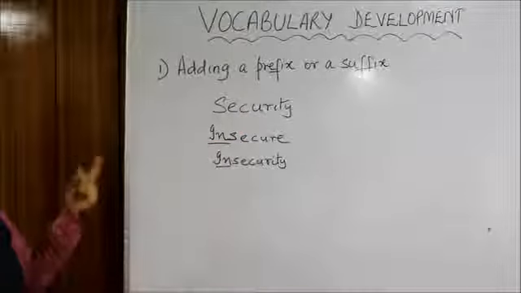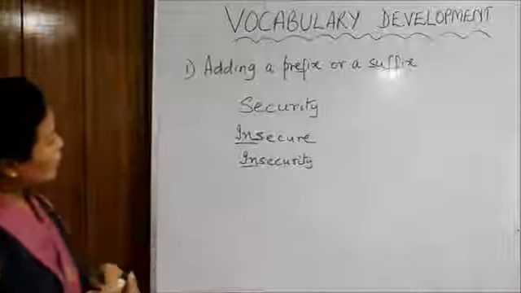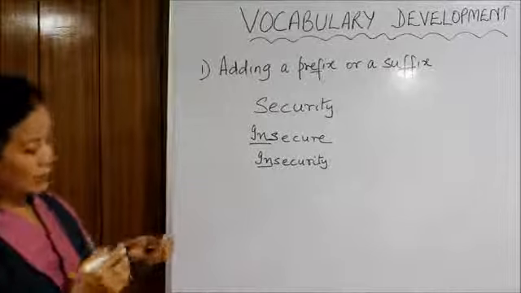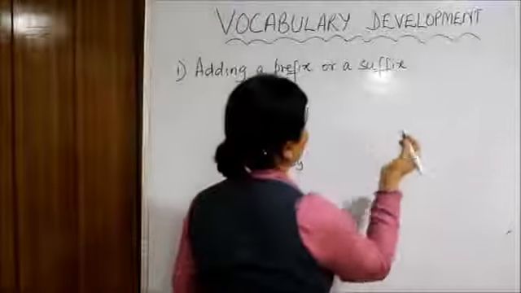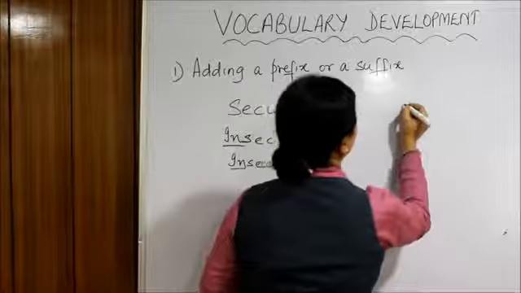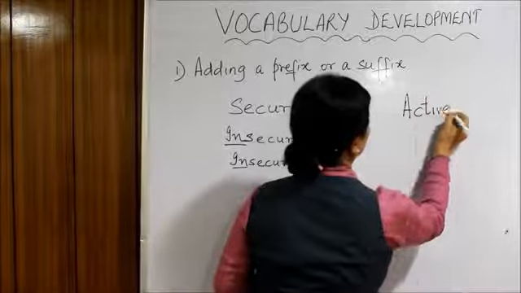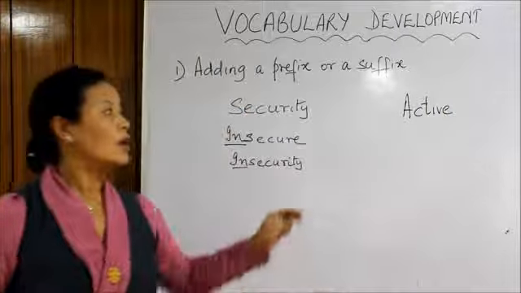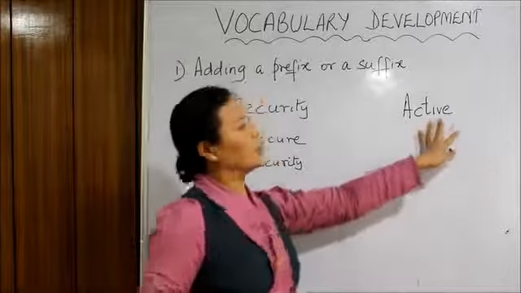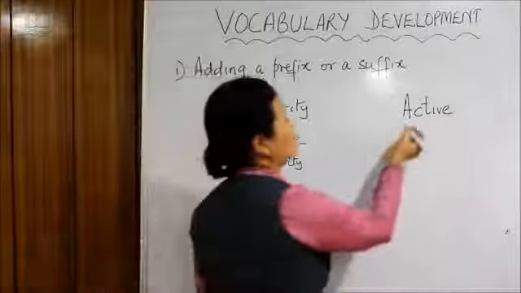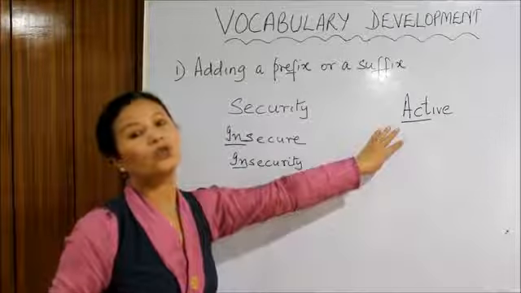In the same way, if we add a suffix, I'll take another example for a suffix. Let's take the word active. What you need to remember is, if you know the word act, this is the base word or the root word.